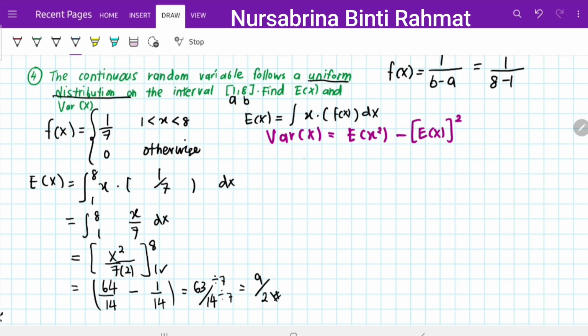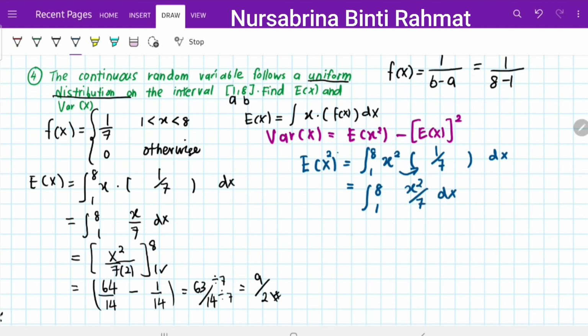So E X squared equals multiplying your x squared with the function that we have, which is 1 over 7, between the class limit 1 to 8. Let's expand this function first. That means we're going to integrate from 1 to 8 of x squared over 7 dx. Let's solve this.